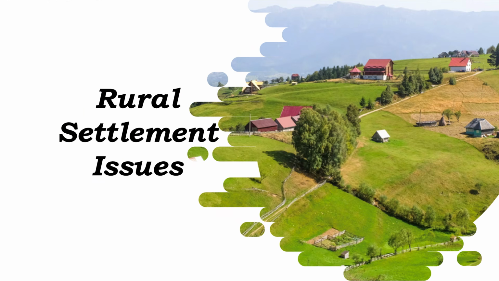Okay, now let's look at rural settlement issues. If you go to your program of assessment, you will see that under this topic, you must know the concept of rural-urban migration. You must understand push and pull factors. You must be able to define rural depopulation. You should look at the consequences of rural depopulation on people and the economy.